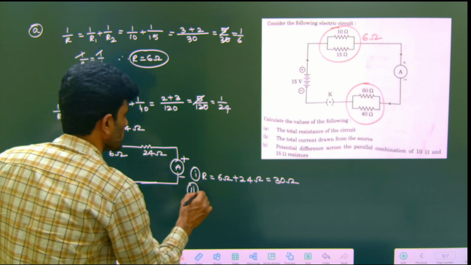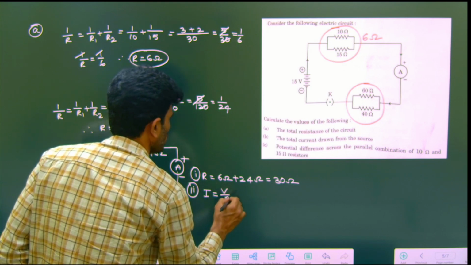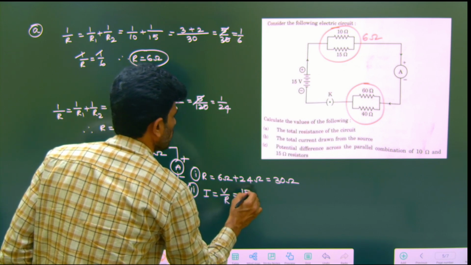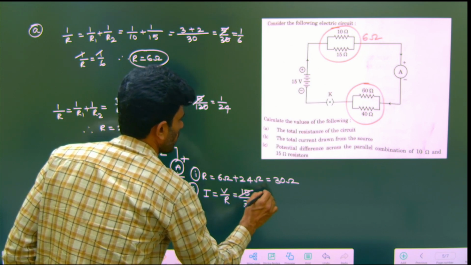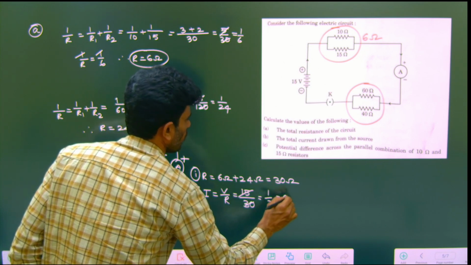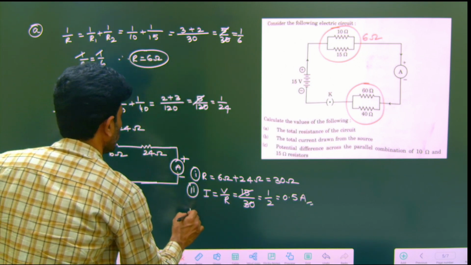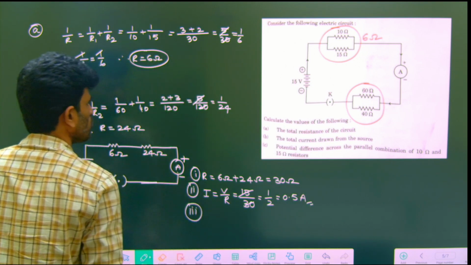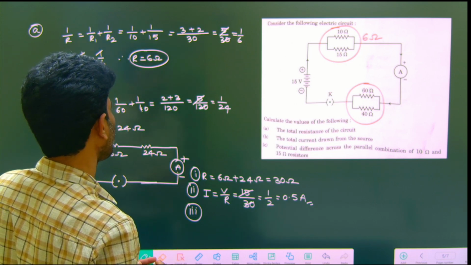Second question answer: total current they are asking to find. I is equal to V by R. We have V as 15 volts and R we got as 30. So 15 by 30, 1 by 2, which is 0.5 amperes. Now the third question: they are asking to find the potential difference across the parallel combination of 10 ohms and 15 ohms.